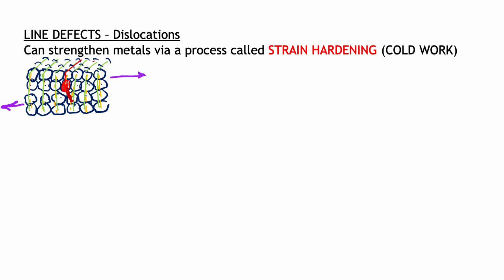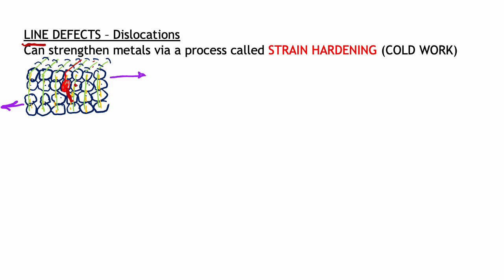And now, effectively, my dislocation has moved one atom diameter to the right. Now, this atom and all the ones behind it are missing a bond. And now I have 4 full stacks and a dislocation and 2. The dislocation, called the line defect, is the row of these atoms going into the board. That line is the dislocation.